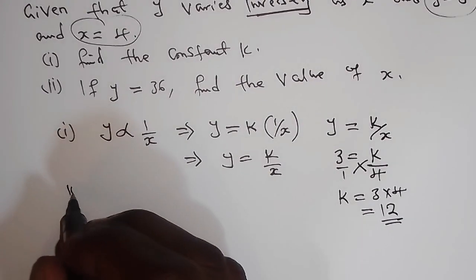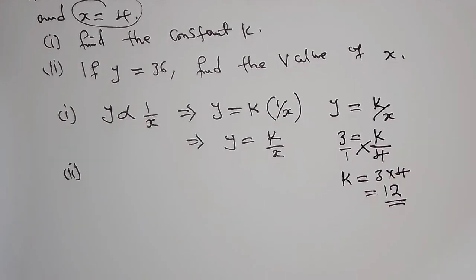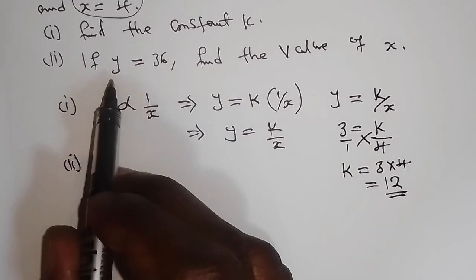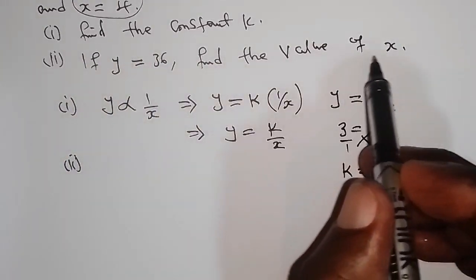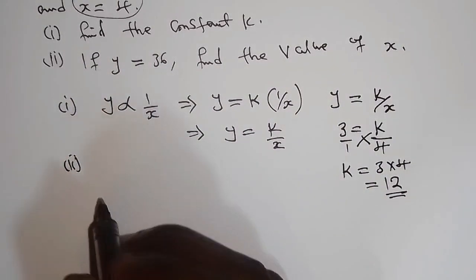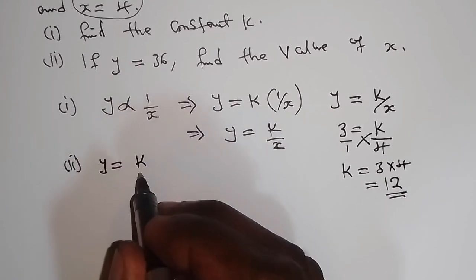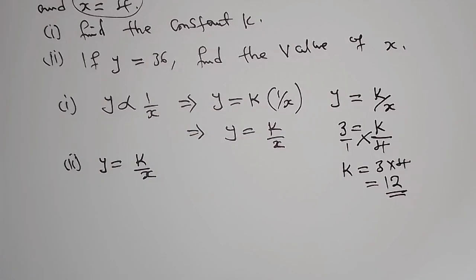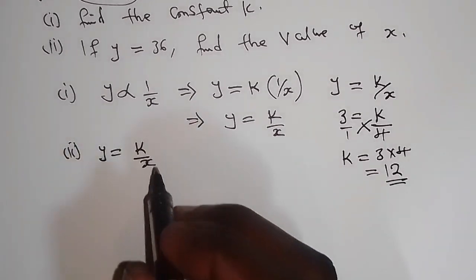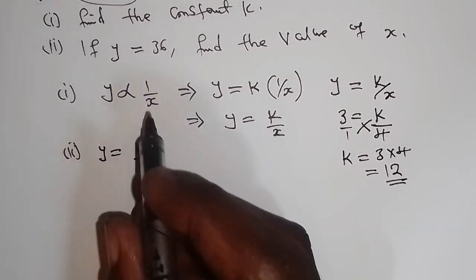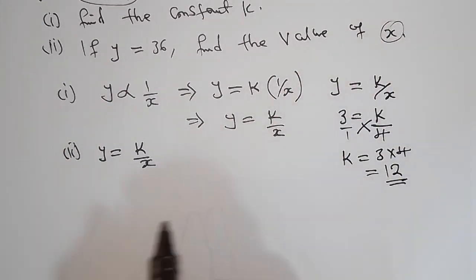And then number 2, they are saying that if y equals 36, find the value of x. So you still use the same equation, y equals k over x. Now we are finding x.